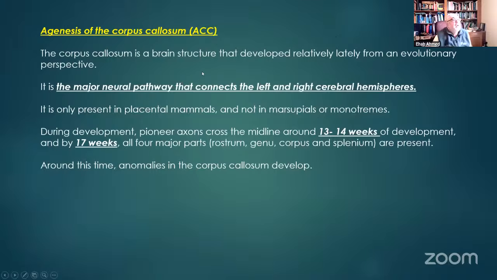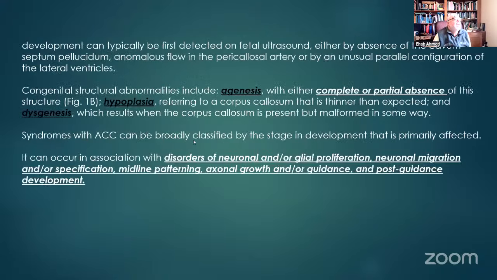It's very weird. It is the major pathway that connects the left and right cerebral hemispheres. And it starts to develop by the age of 13 to 14 weeks. And there are different degrees. Agenesis, no corpus callosum at all. Hypoplasia, small size, and dysgenesis, present but malformed.